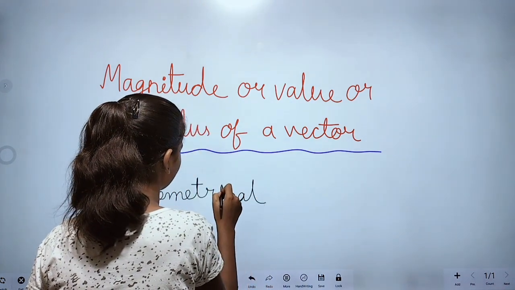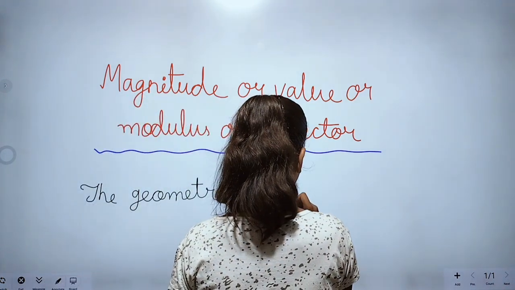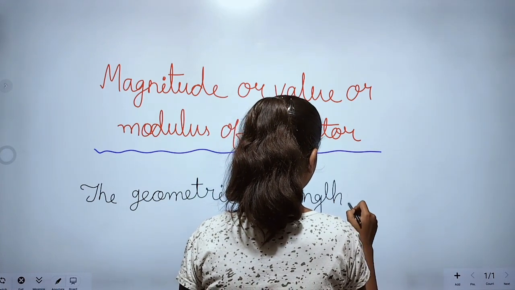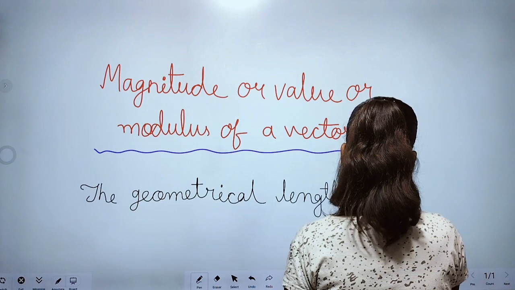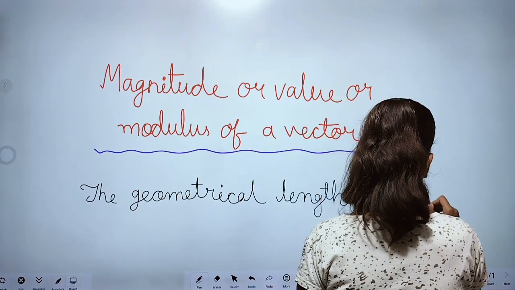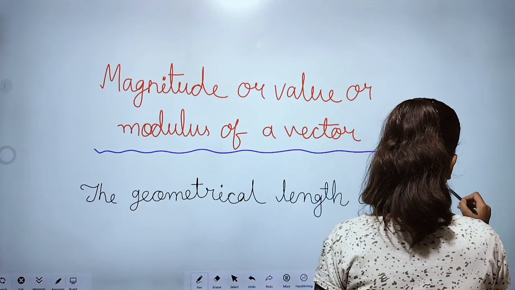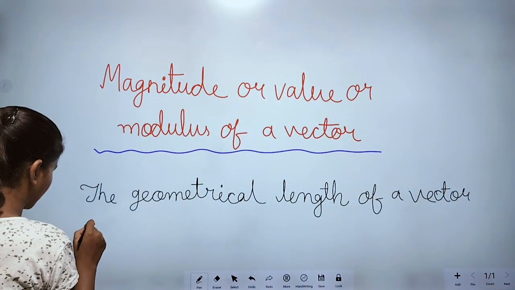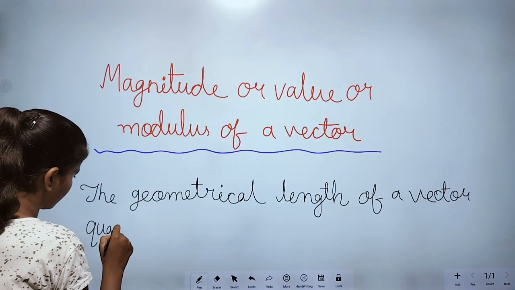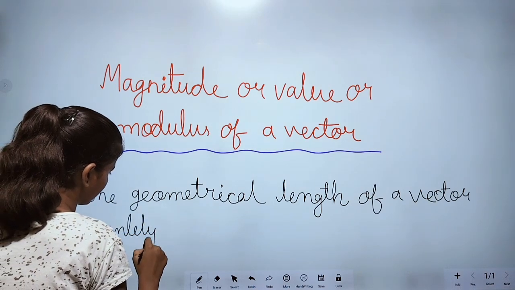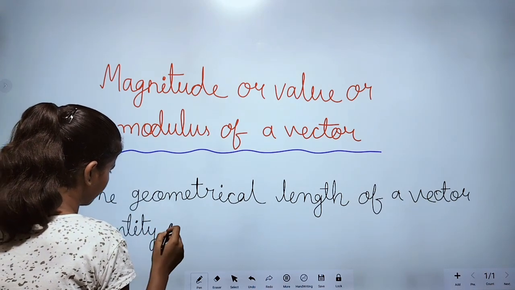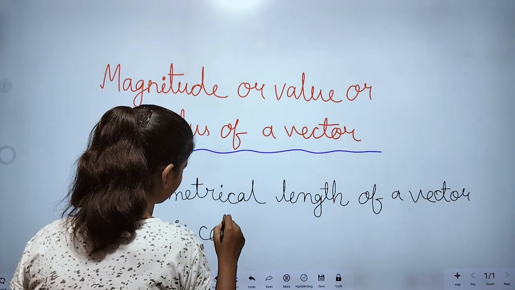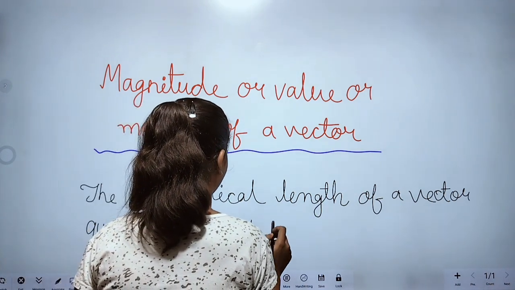The geometrical length of a vector quantity is called magnitude.